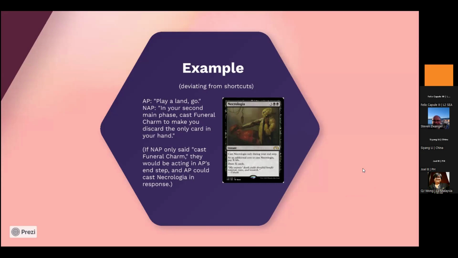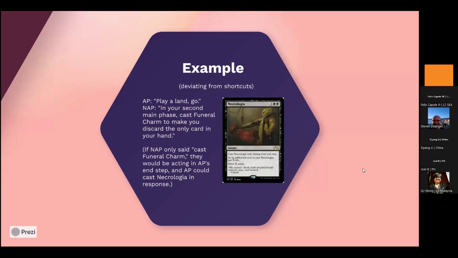So the non-active player is deviating from the shortcut here, because the shortcut says when one player says go and the other player acts, they're assumed to be acting in the end step. The non-active player has said, I'm not acting in the end step, I'm acting in the second main phase. And because the non-active player has been very explicit about when they're acting and has deviated from the shortcut, this is not a legal time for the active player to cast Necrologia.